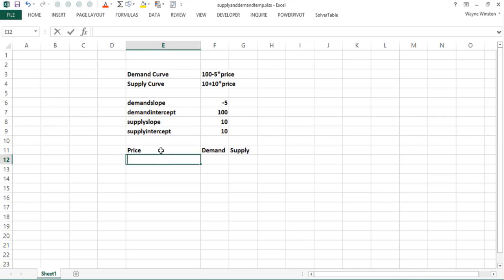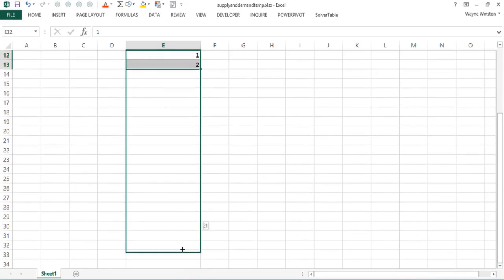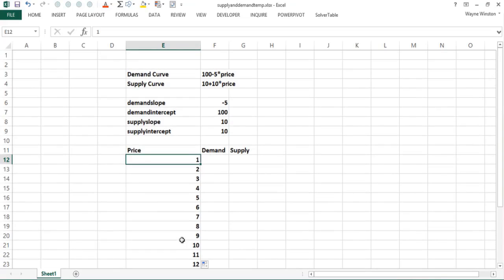So for price, you can put a 1 and a 2, and if you select those two, and get the little crosshair there and hold down the left mouse, you can drag it down to 20. Excel learns the pattern. And again, it's nice to know that if you do Monday, Tuesday, Excel would learn the pattern.